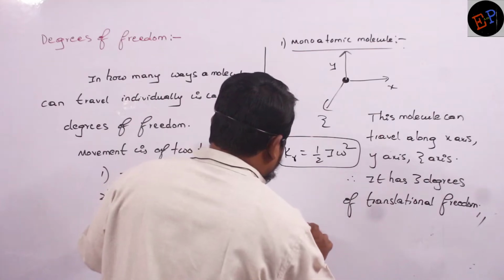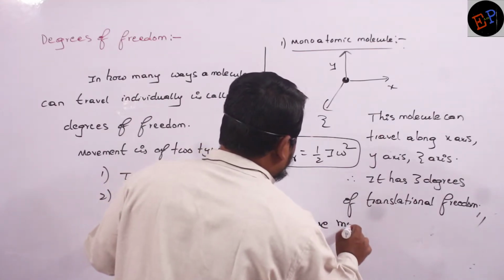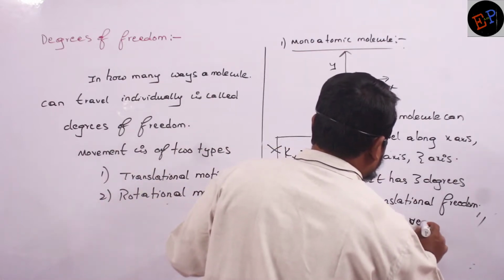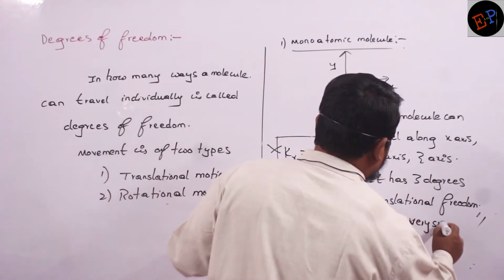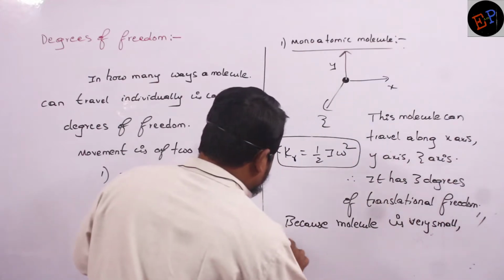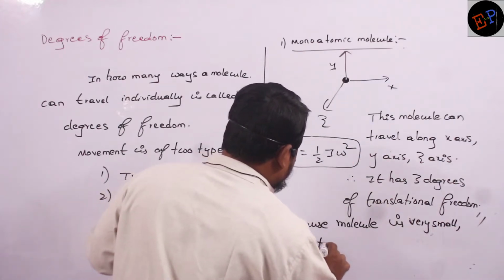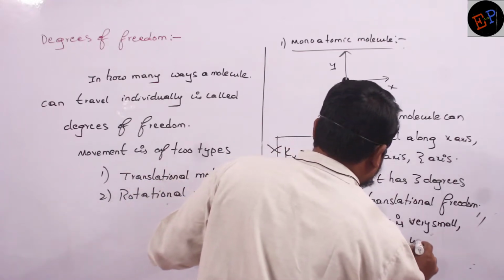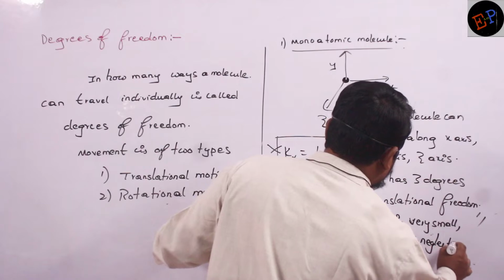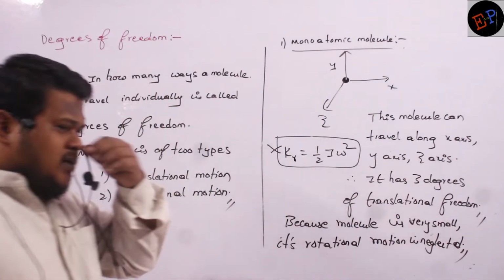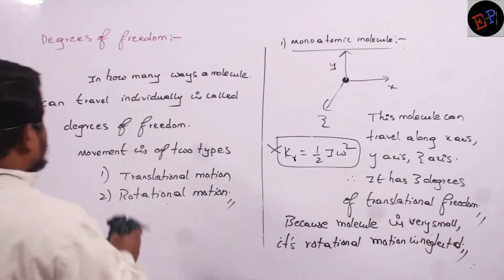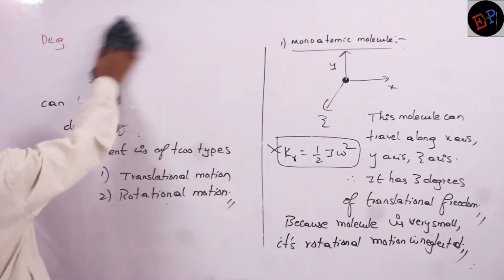Because the molecule is very small, its rotational motion is neglected. What we do to its rotational motion, ma? We neglect its rotational motion. So therefore, totally how many degrees of freedom does it have? Only 3 degrees of freedom, and that too of which kind?